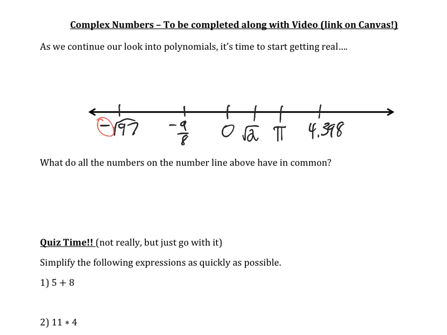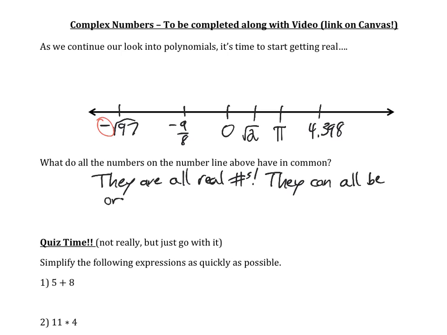Negative root 97. The question is, what do all these numbers have in common? All these numbers have in common that they are all real numbers. Okay, what do we mean by real numbers? Well, to put it as simply as possible, they can all be ordered on a number line. And that's really important. It sounds kind of obvious.